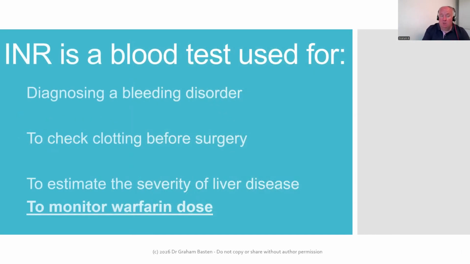So what is INR? It stands for International Normalized Range or Ratio. So it stands for international, it's used around the world. And it's a very simple blood test to check how long it takes for your blood to clot.